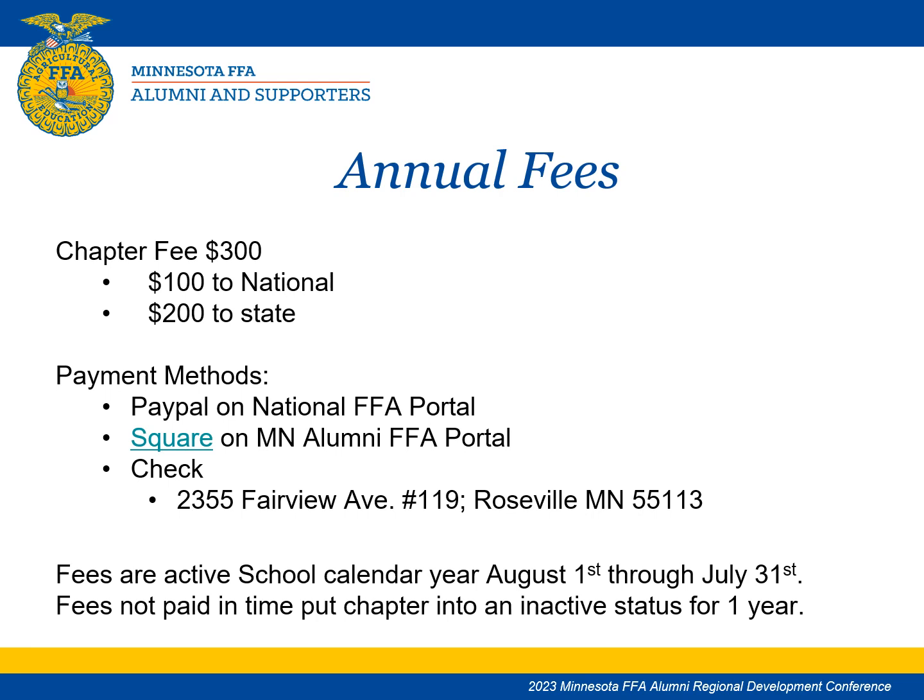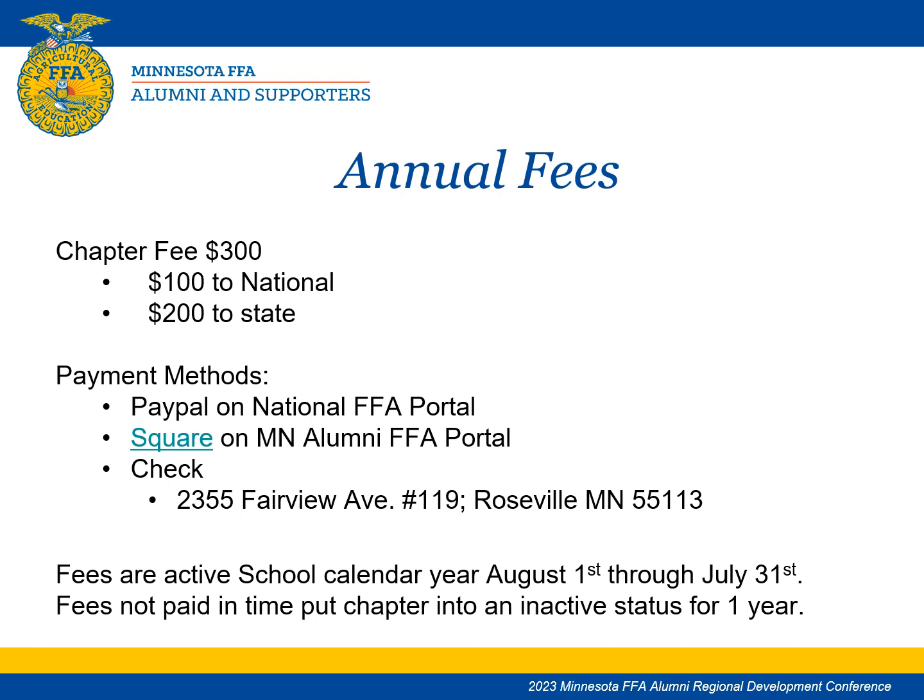Annual fees. So the chapter fee is a total of $300. $100 of that goes to the National Association. $200 of that stays within your state association. Those chapter fees go on a school calendar year, meaning they run from August 1st to July 31st.